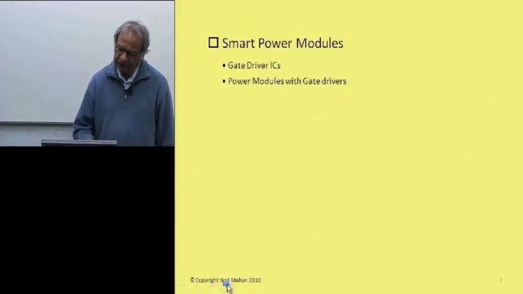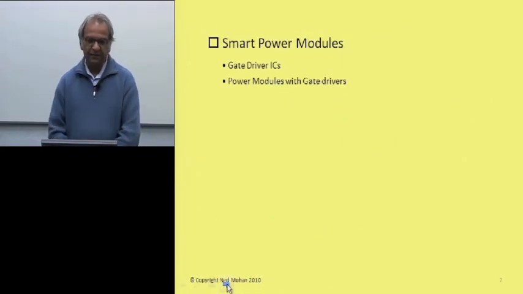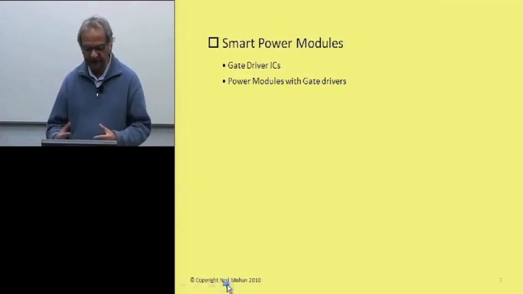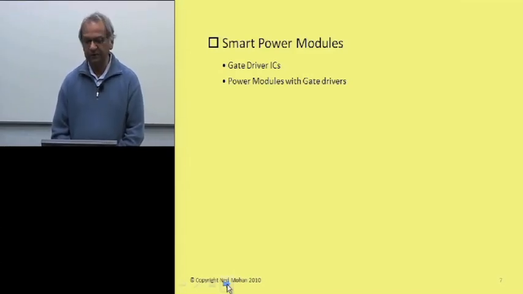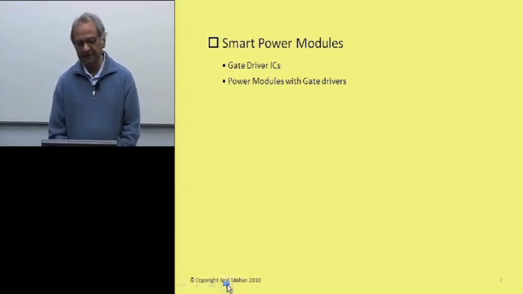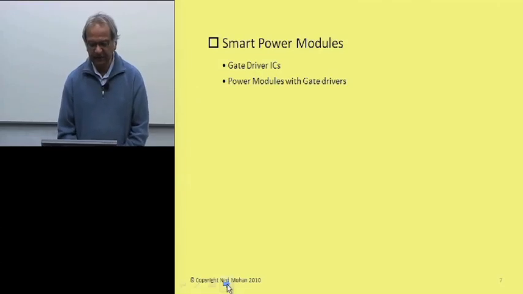And also now we have smart power modules where not only do we have the power devices, but the gate driver ICs are even included in them. So that makes it very easy to use to make up a converter.